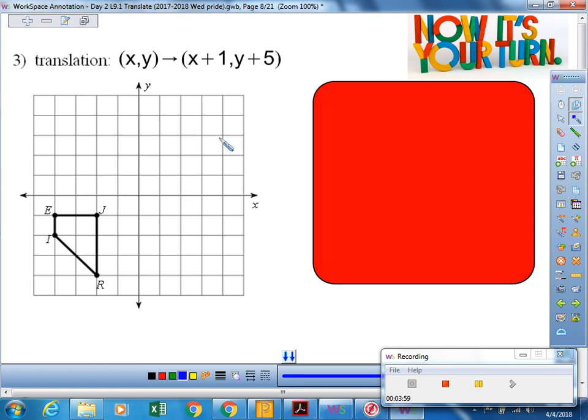Make sure you write the rule above. Which direction is +1 on the x? Right 1. And +5 on the y? Up 5.